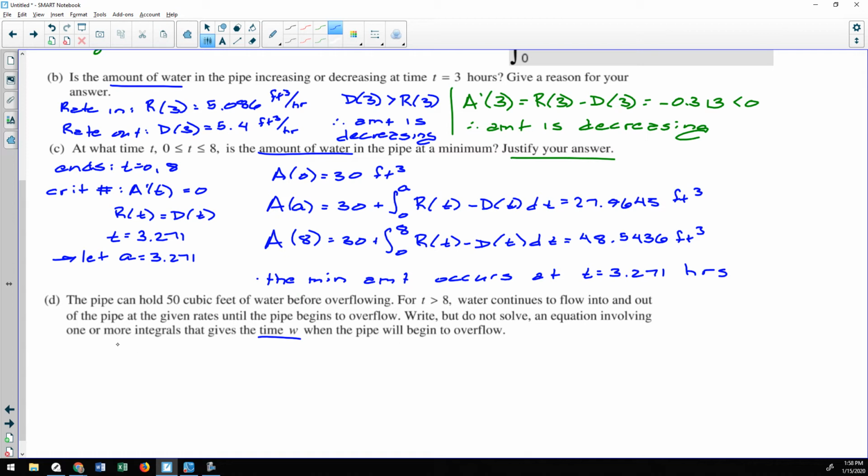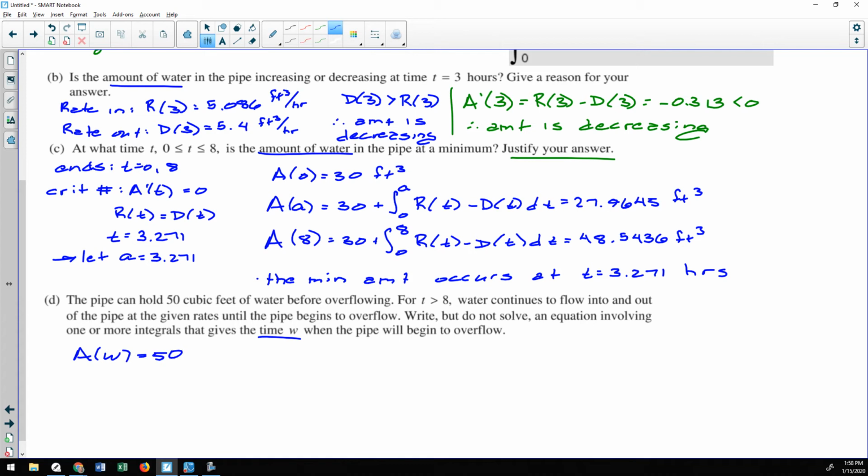So what I am trying to find out is when the overall amount of water is equal to 50. They're saying that there is some time t equals w such that A of w will equal 50.